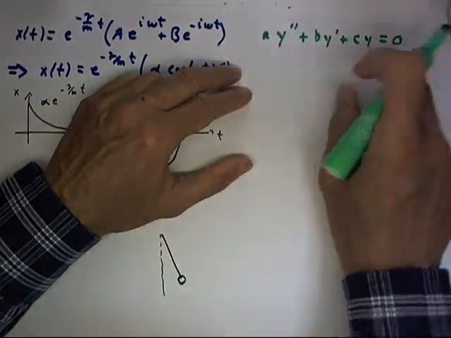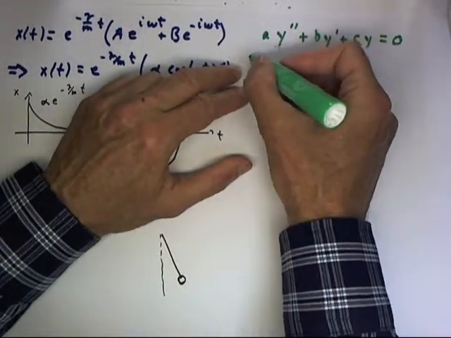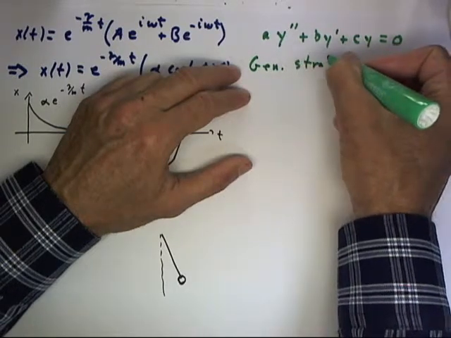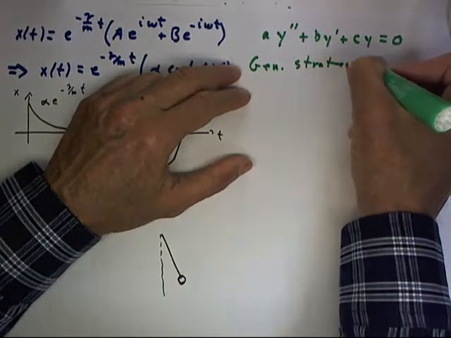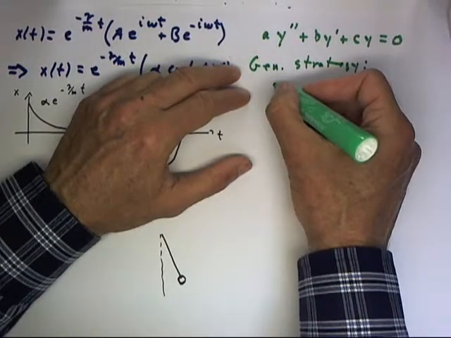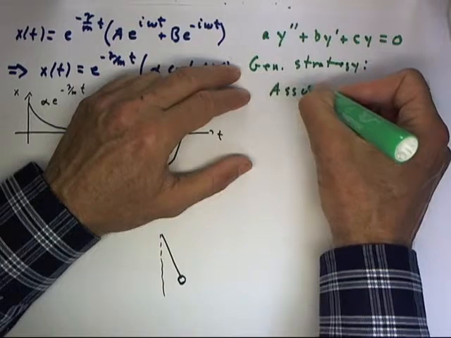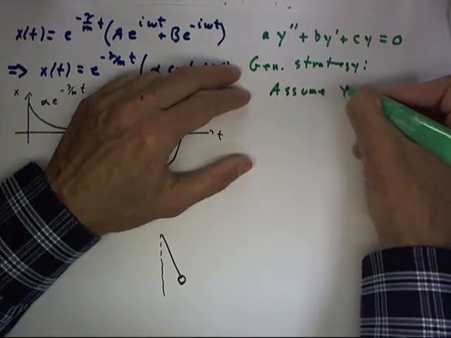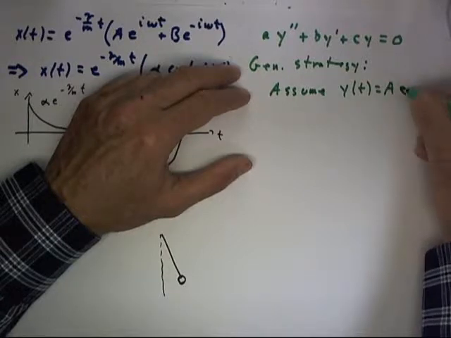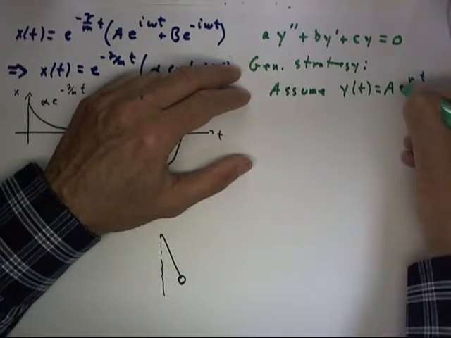Okay, so if we have this equation, in general, our strategy is to assume y of t equals a e to the rt.